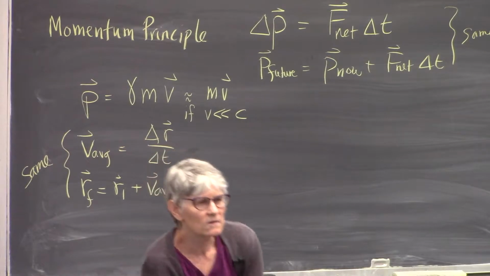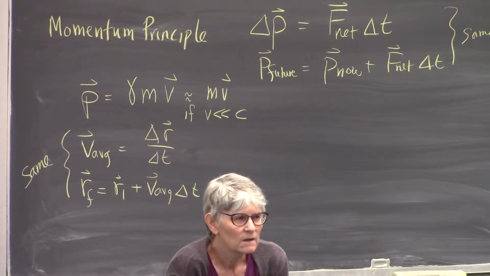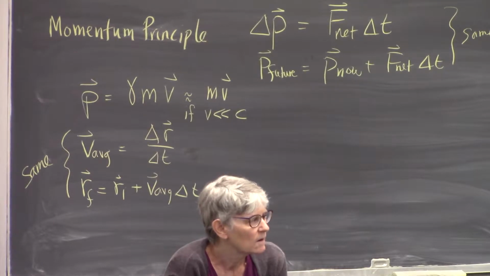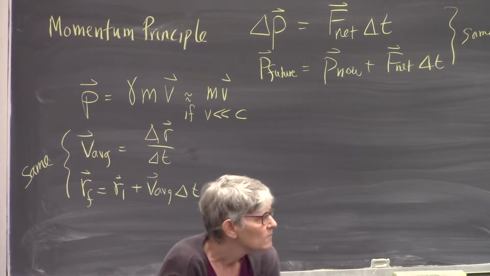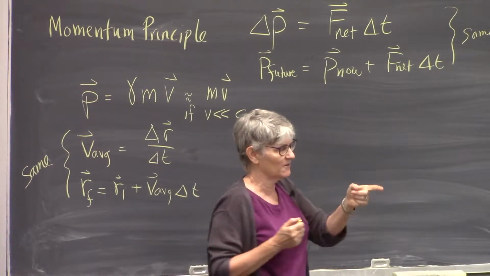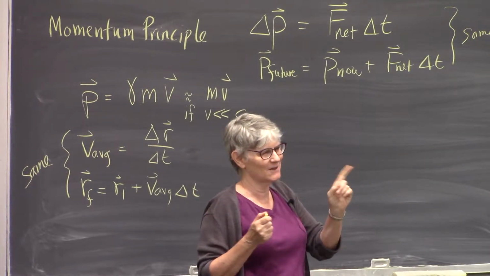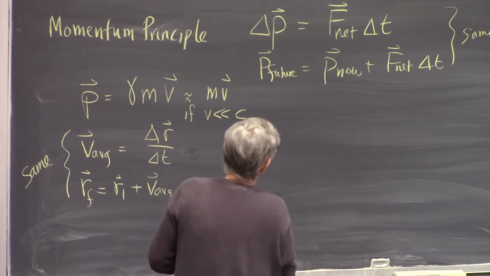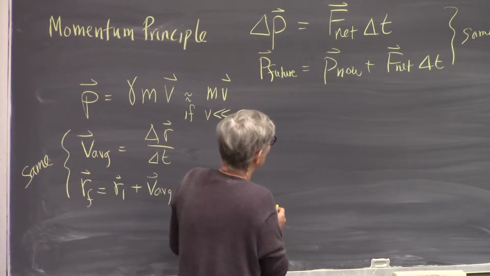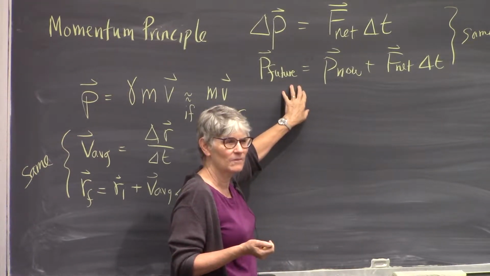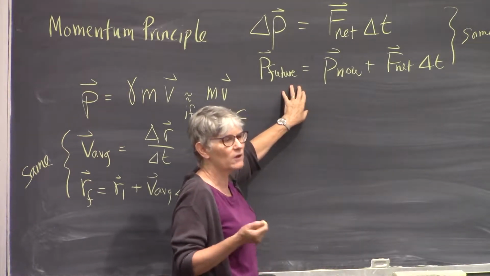Is there anything else so far? V final equals V initial plus F net over mass. Okay, but it's not F net over mass, is it? What is it? And where does that equation come from? It really is just rewriting.